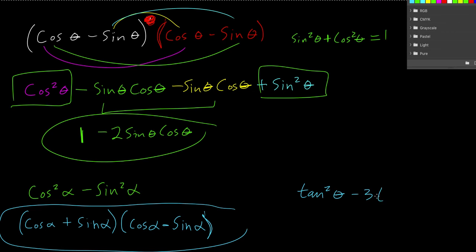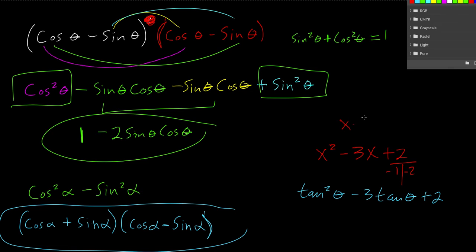Alright, now we have tangent squared theta minus 3 tangent theta plus 2. So the first thing is we're going to treat tangent like it's x. So it's like we're saying x squared minus 3x plus 2. So we can factor to make them both negative.